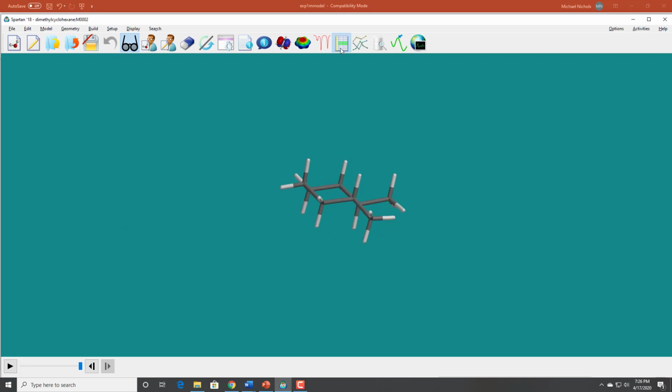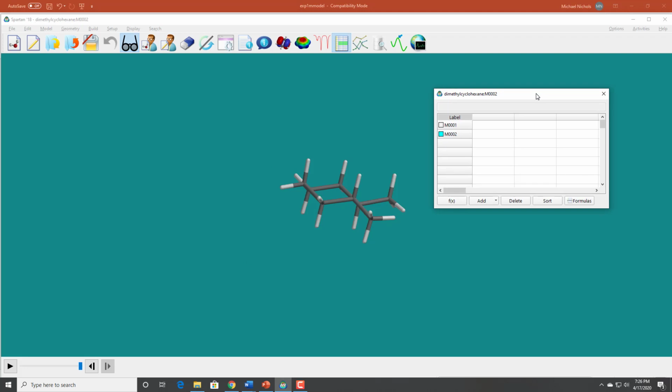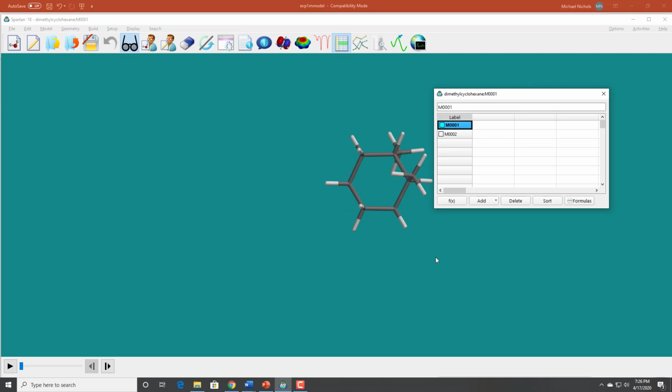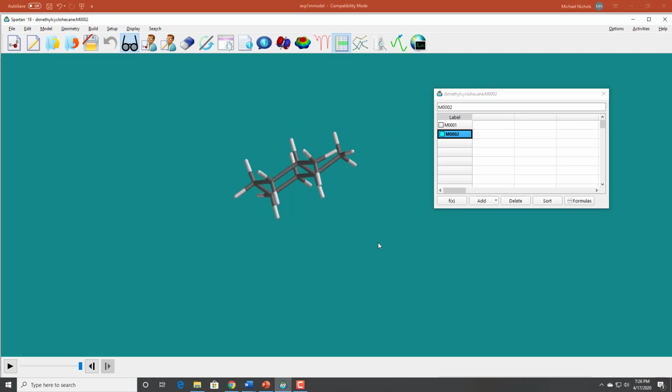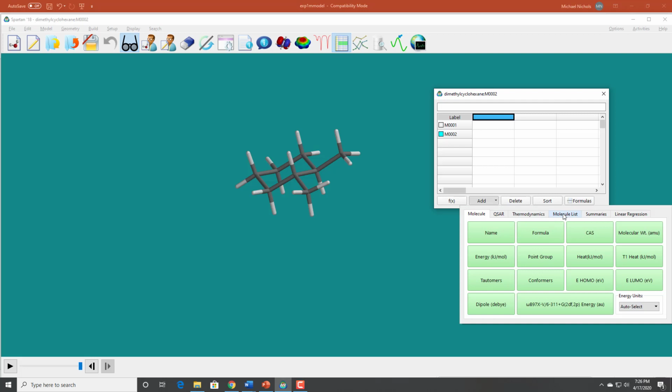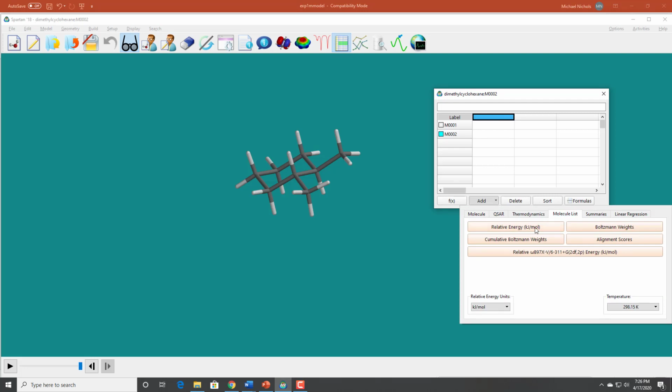Let's get a spreadsheet out and let's figure out which one is more or less stable. So molecule 1 is diaxial and molecule 2 is diequatorial, and it's kind of hard to see, but diequatorial. Okay, let's say give me the relative energy, and boom.